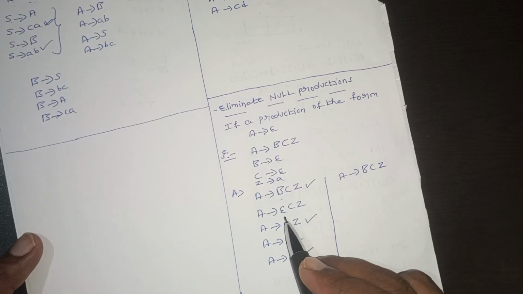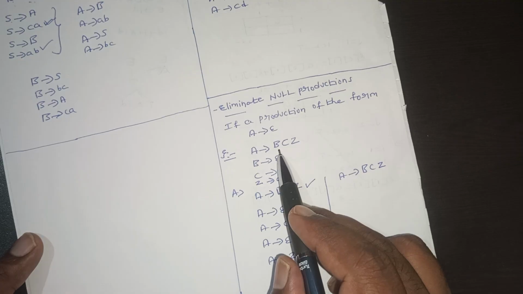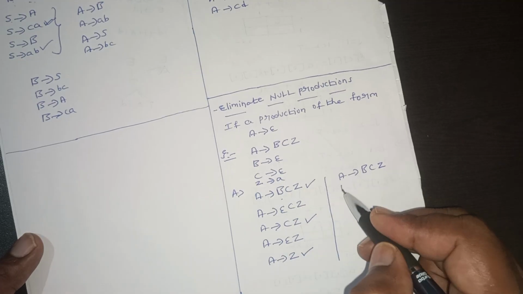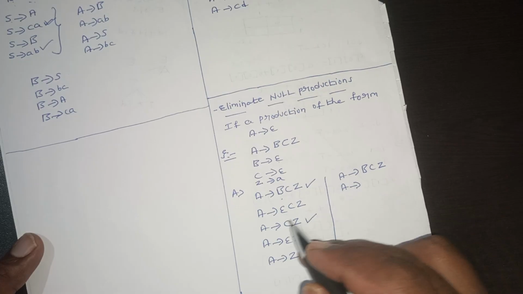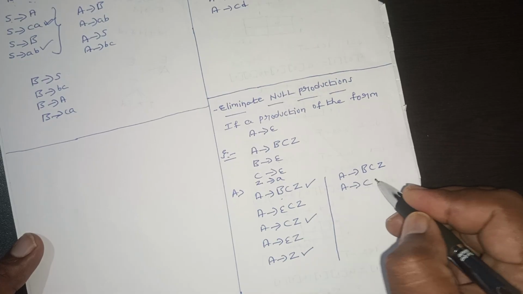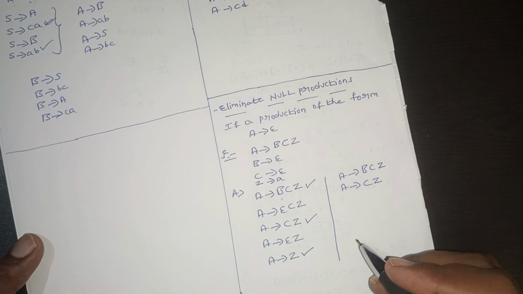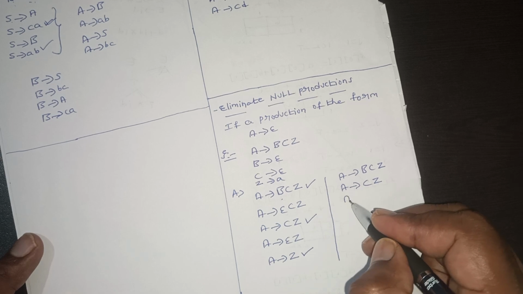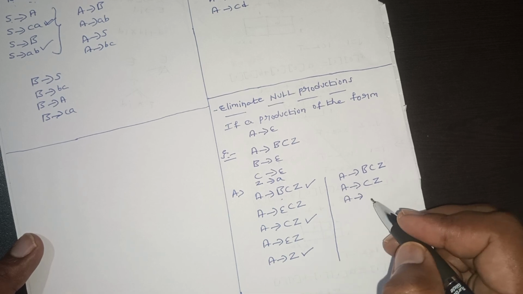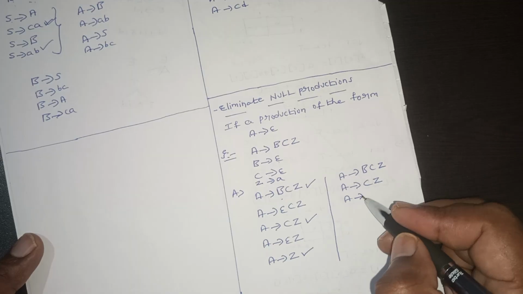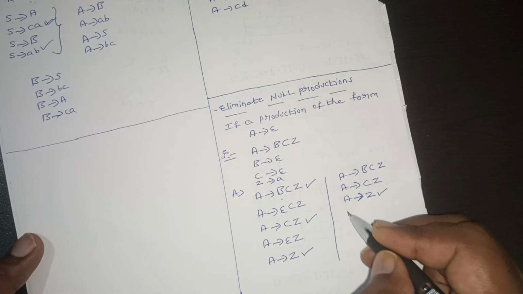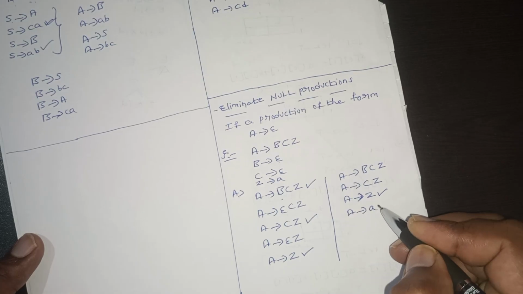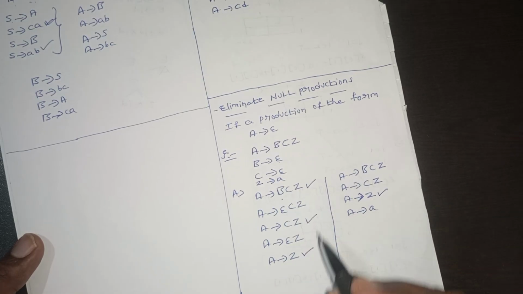Second, when you replace B, the answer is A tends to CZ. Again, in the place of C I am replacing epsilon, so Z. We have to eliminate this. Then the answer is A tends to small a, because Z is equal to a.